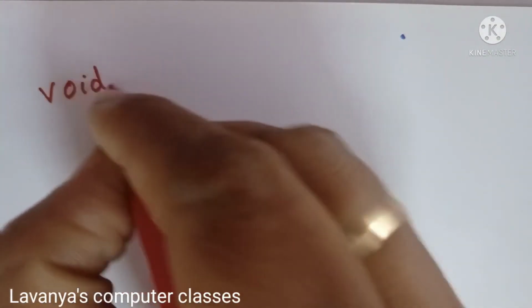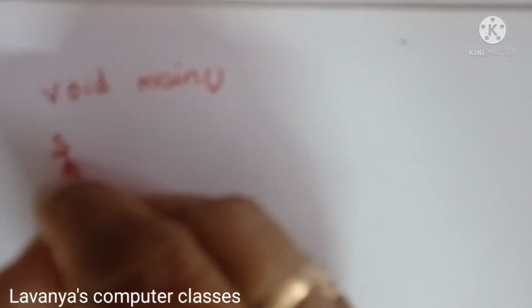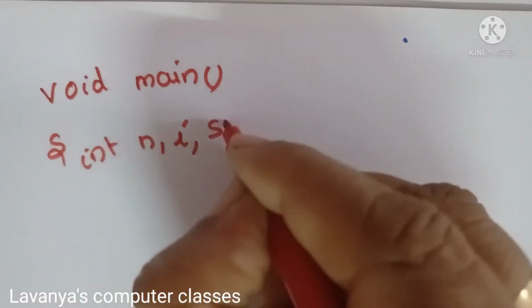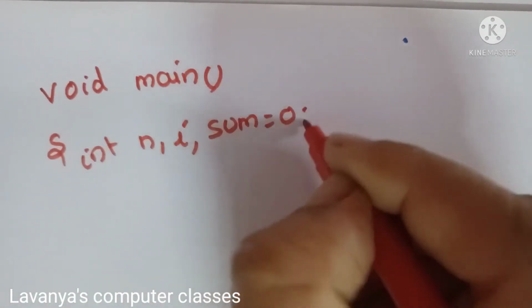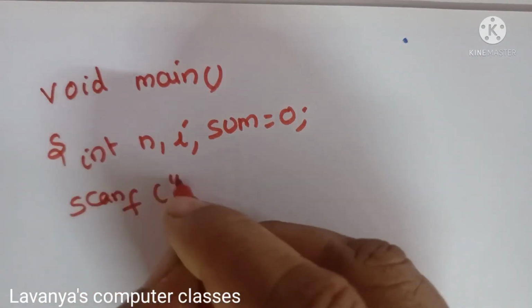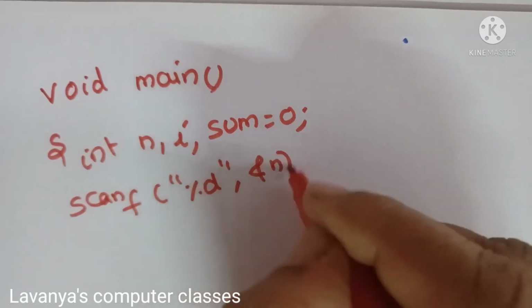For simple loop statements, how much space do we need? Void main, int n, i, sum = 0: 3 variables. scanf %d &n.